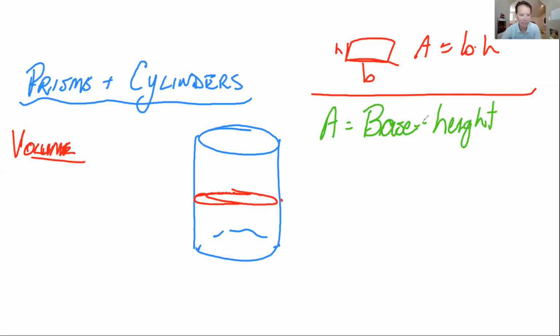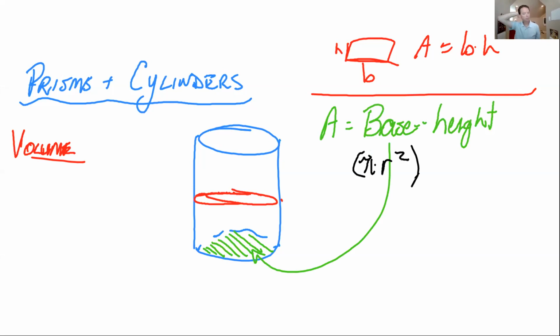And by the different base, what I mean is this entire circle is a base. So I need to find the area of that circle. I can do that. Area of a circle is pi times r squared, pi r squared.